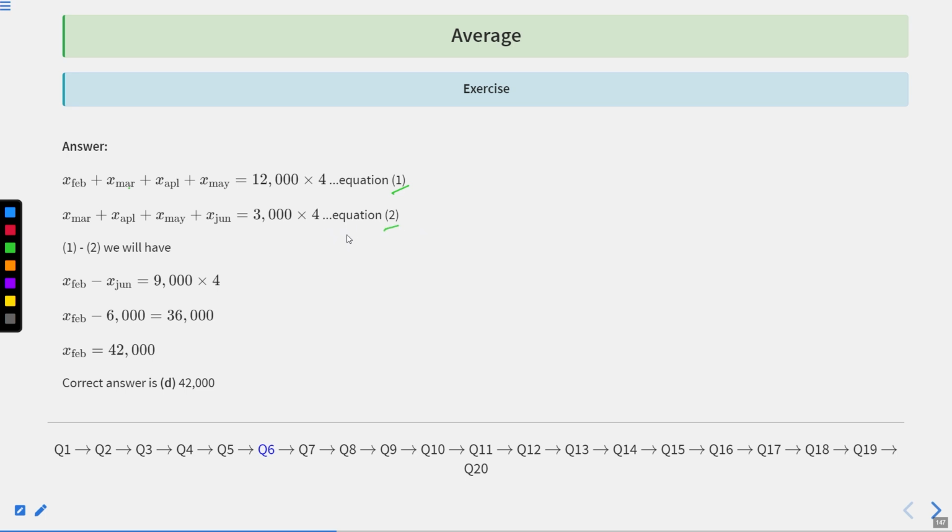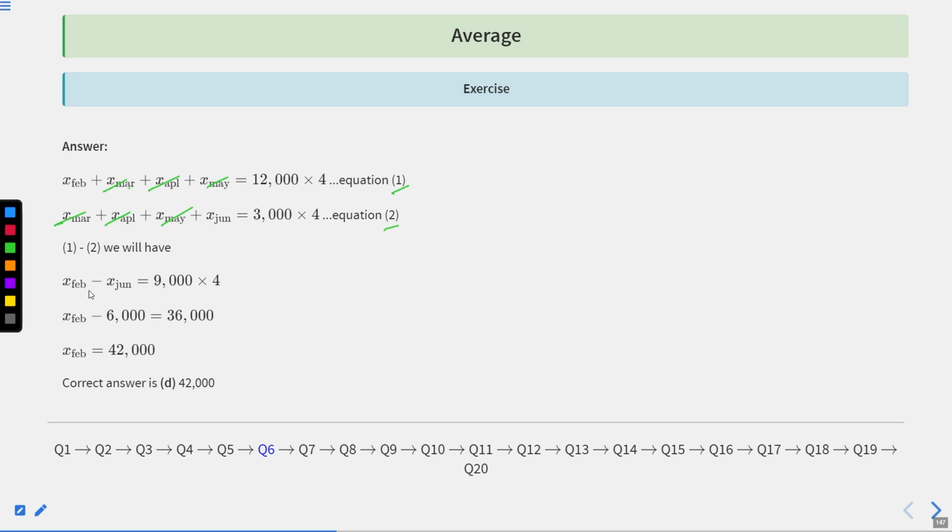Now taking the difference of equations 1 and 2, I will have x February minus x June, because when I take the difference, these terms get cancelled. So I am only left with x February minus x June.